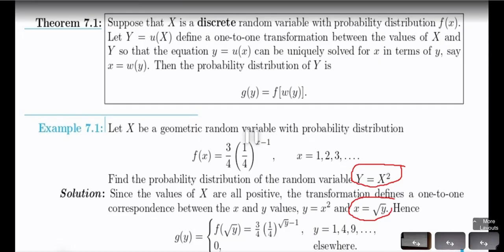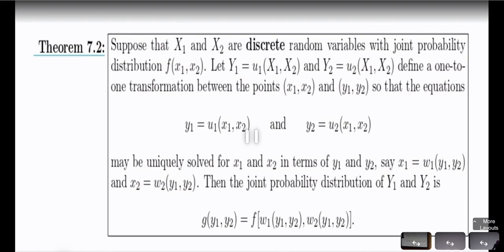Now, you know what I want to do now? I want to go into a situation where I want to go from 2 to 2. I got X1, X2 that are discrete random variables, and they have their own probability distributions. And of course, I have new variables Y. Y1 is a function of X1 and X2, and Y2 is also a function of X1 and X2.